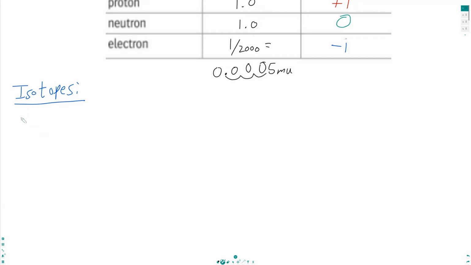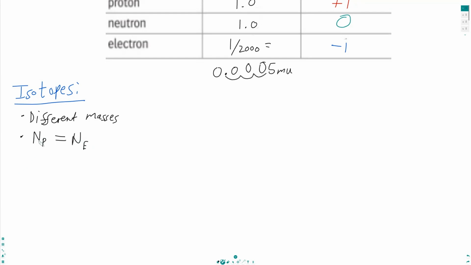So isotopes have, number one, different masses. Number two, number of protons. So I'm going to write this as Np, which is number of protons, equals Ne, where Np is number of protons, Ne is number of electrons.